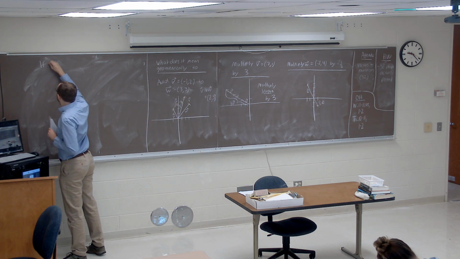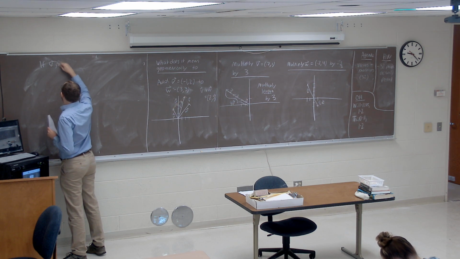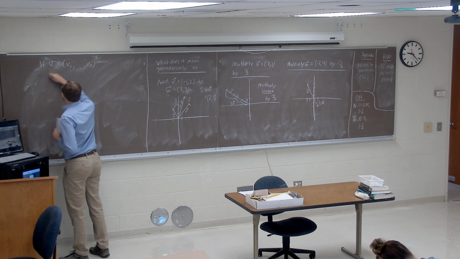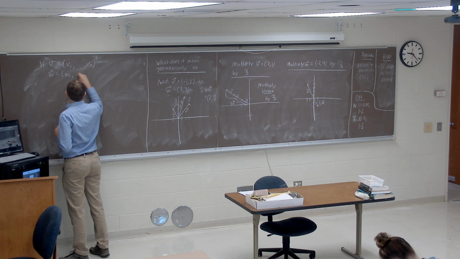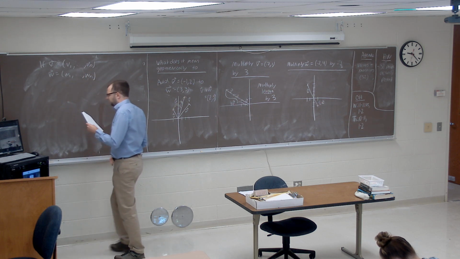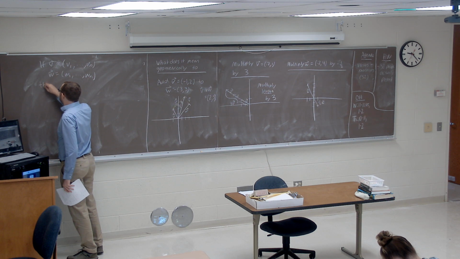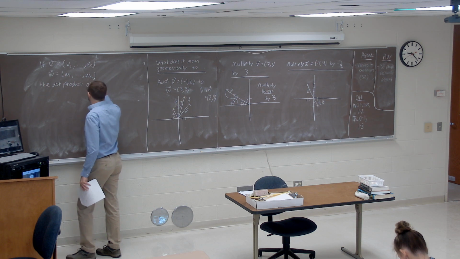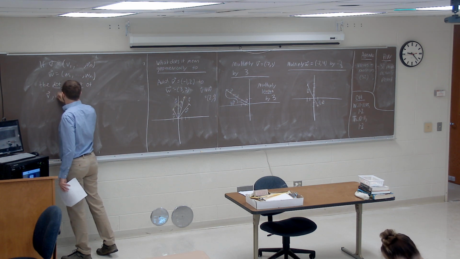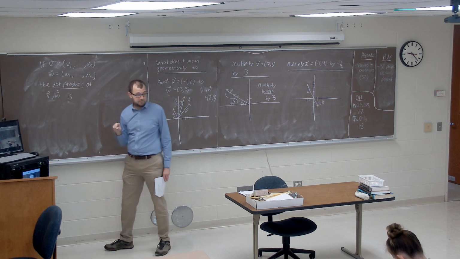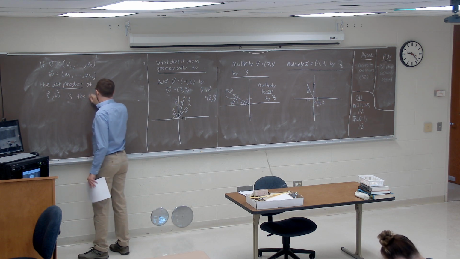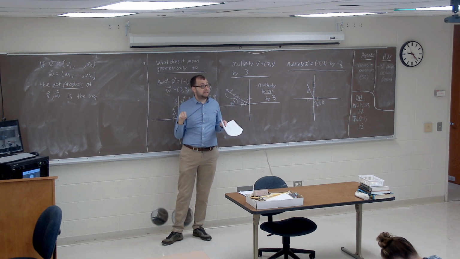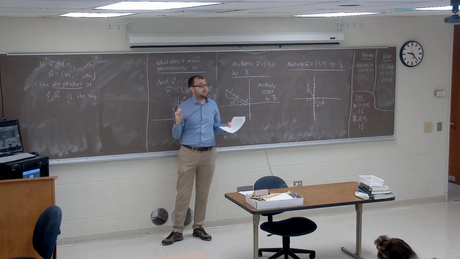But the dot product is going to give us a way to multiply one vector by another vector instead. And so if v is the vector v1 through vn, and w is w1 through wn, we can define the dot product of v and w to be a sum where you take each component of v, you multiply by the corresponding component in w, and then you add them all together.